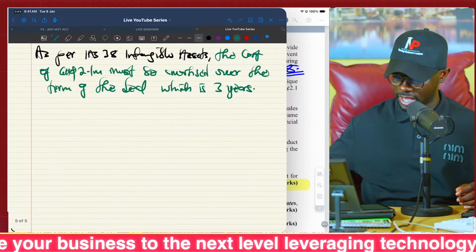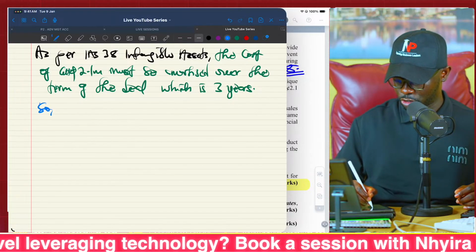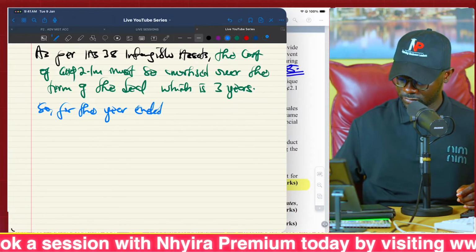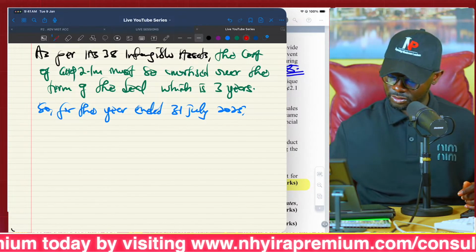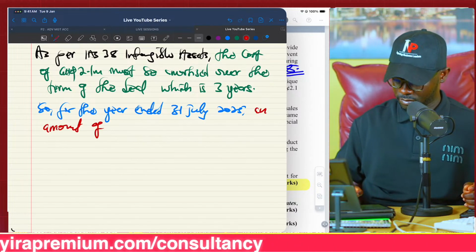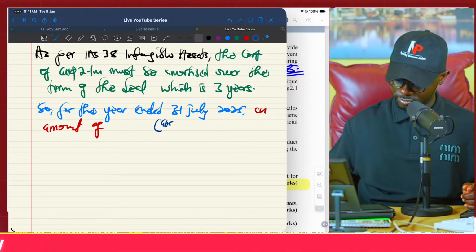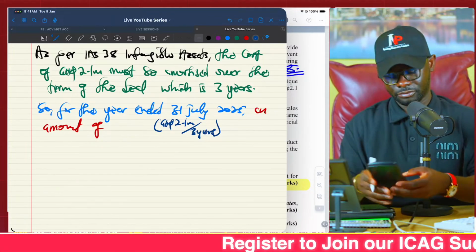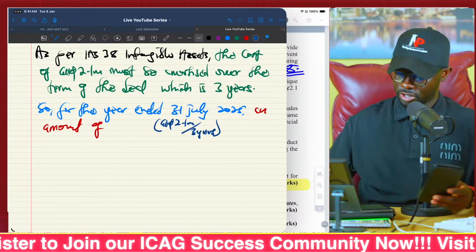And so for the year ended 31st July 2025, an amount of 2.1 million over 3 years, so 2.1 divided by 3, is 0.7.